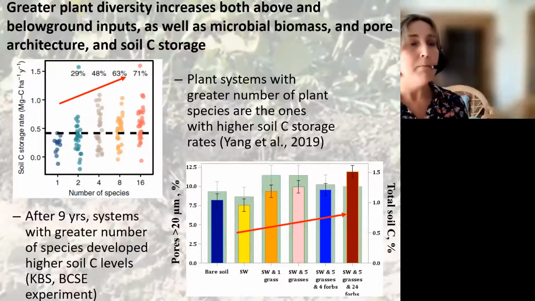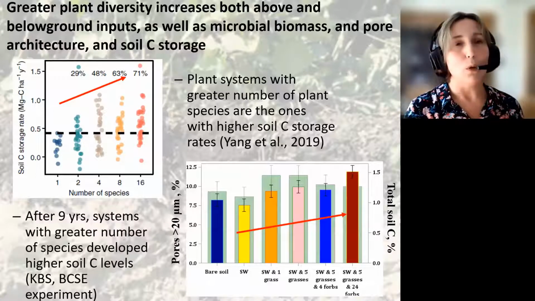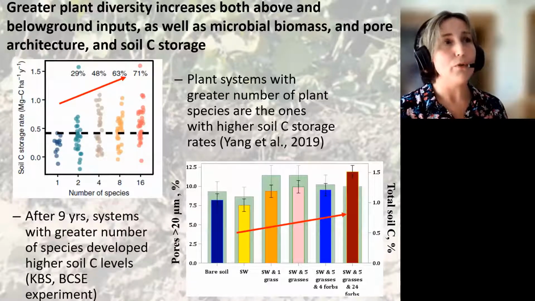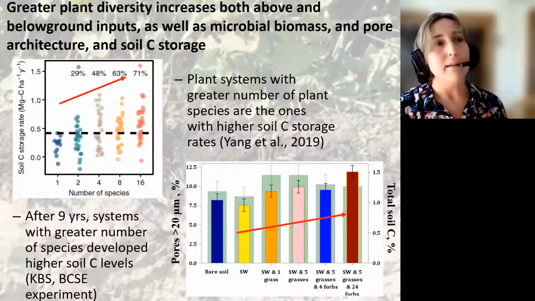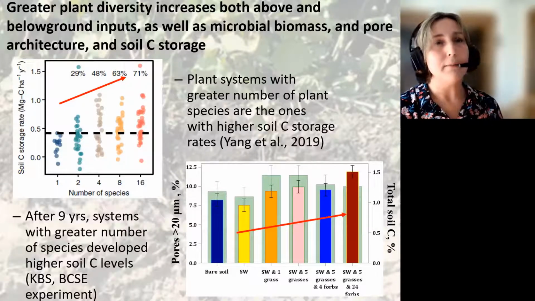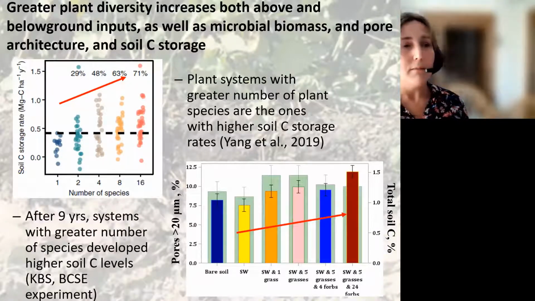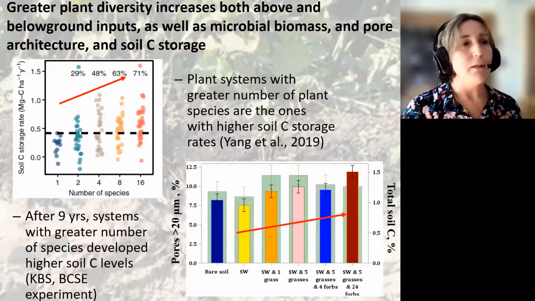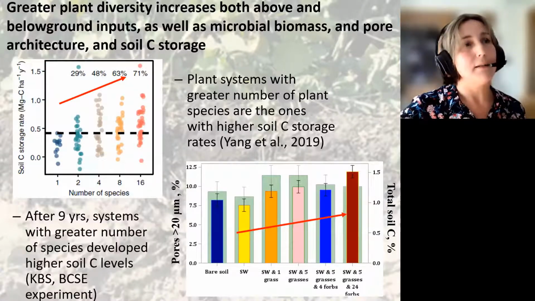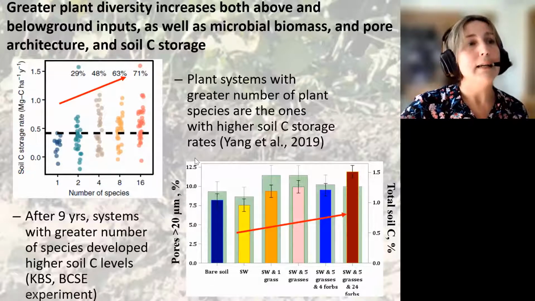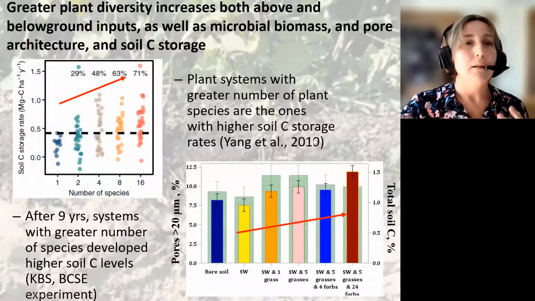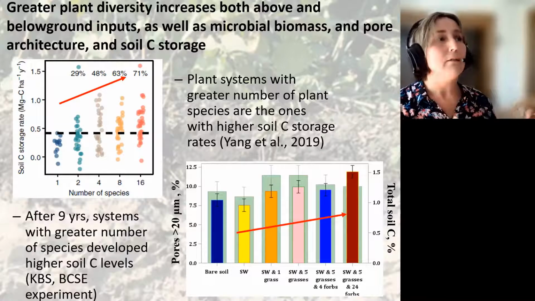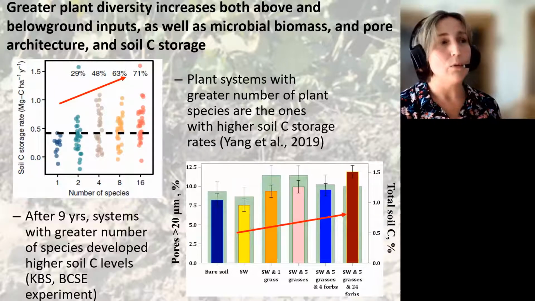One route that will work for getting both of those things done is increasing plant diversity. It's something that has been shown in almost every study that looks at plant diversity, as this study from Minnesota demonstrates: the more diverse the system, the more carbon storage there will be.